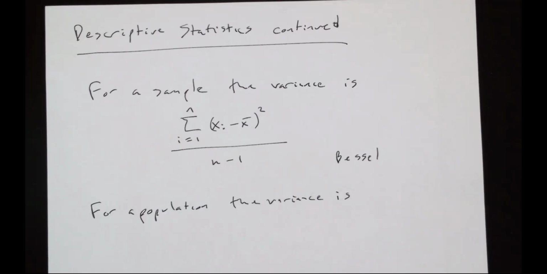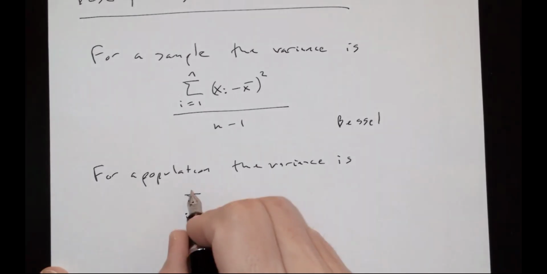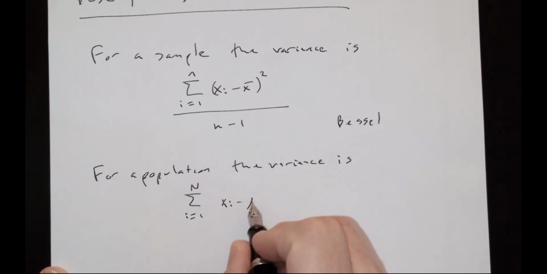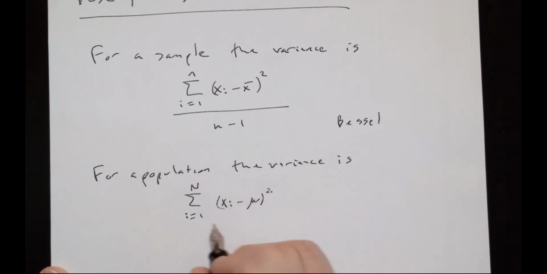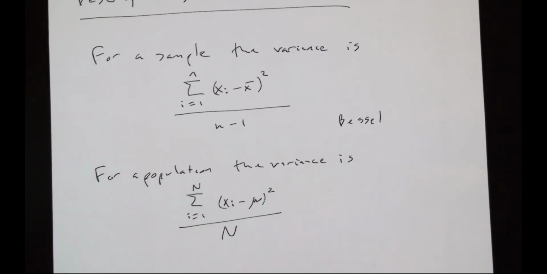So we'll use Greek letters in a couple of places. And because we're dealing with the population, we're going to use capital N. That's everybody.